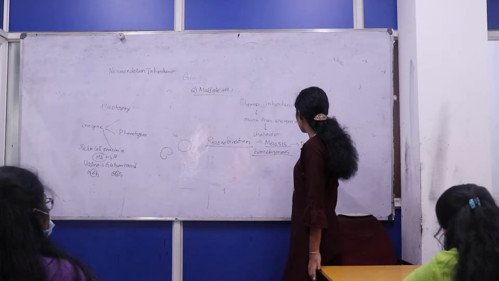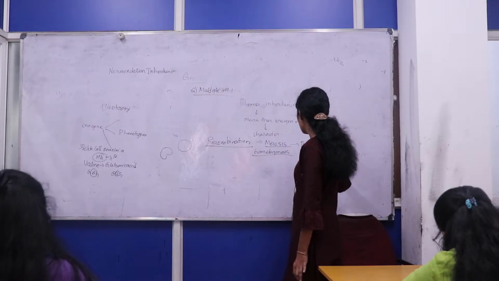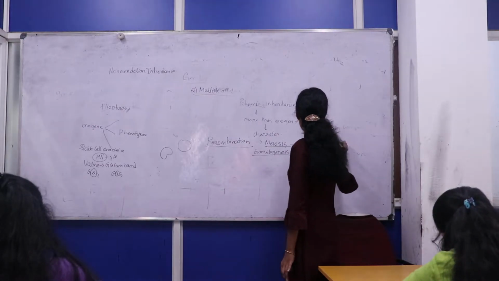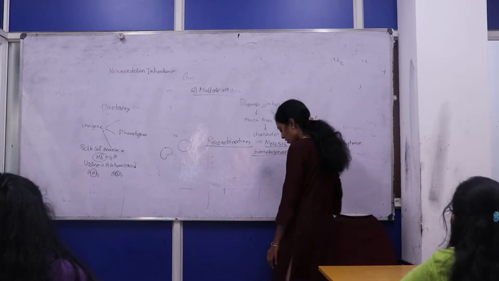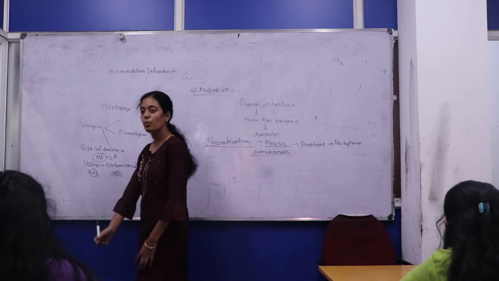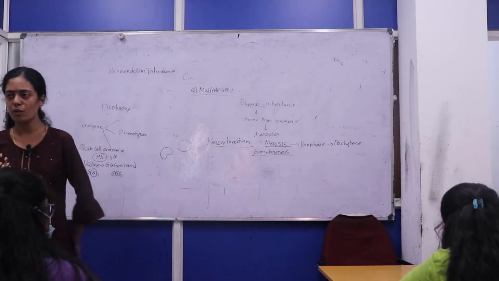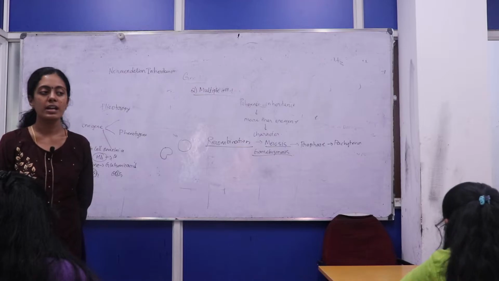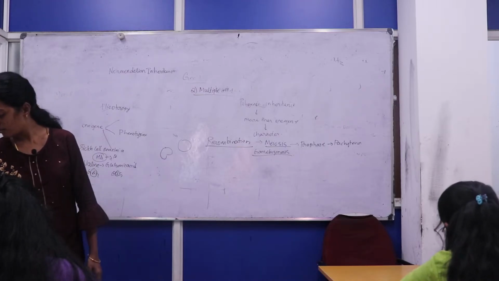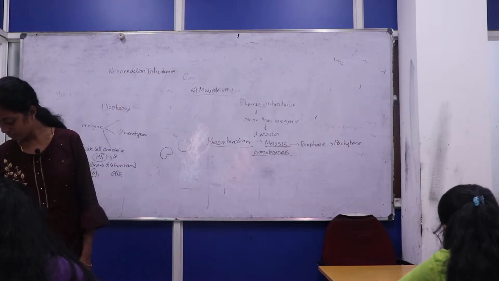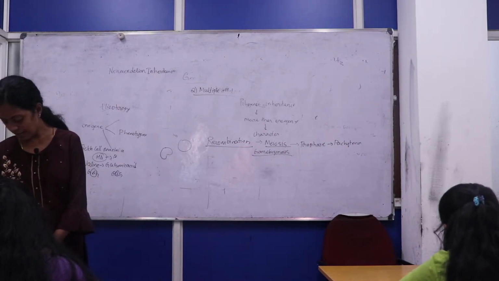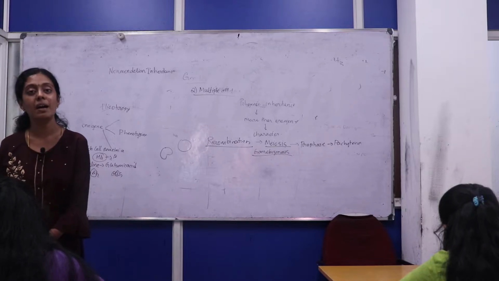In meiosis there is a stage called prophase. In prophase it happens in the pachytene stage. Okay, in prophase, pairing of chromosome will happen. And in which stage does crossing over happen?